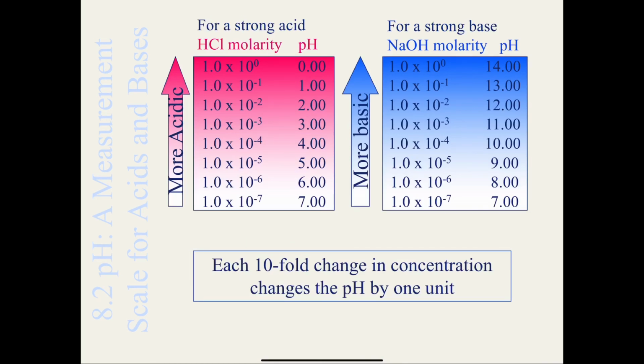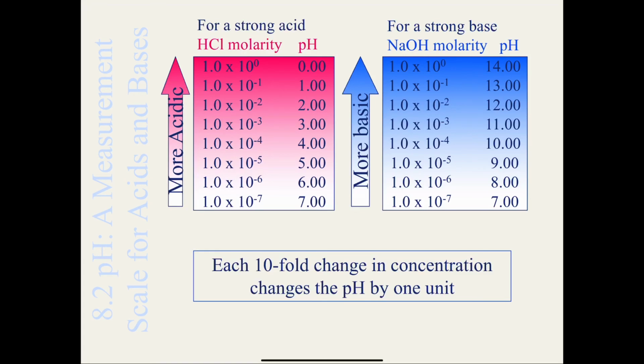Something else you might have noticed is that each tenfold change in concentration changes the pH by 1 unit. For example, if we go from a concentration of HCl that's 1.0 times 10 to the minus 2 molar, and we increase it to 1.0 times 10 to the minus 1 molar, we're increasing the concentration by tenfold. And when we do that, our pH decreases by 1 unit.